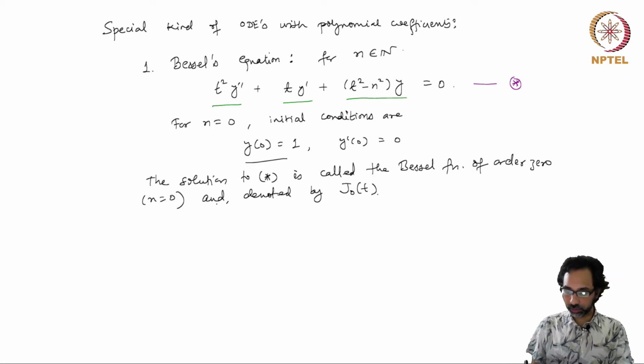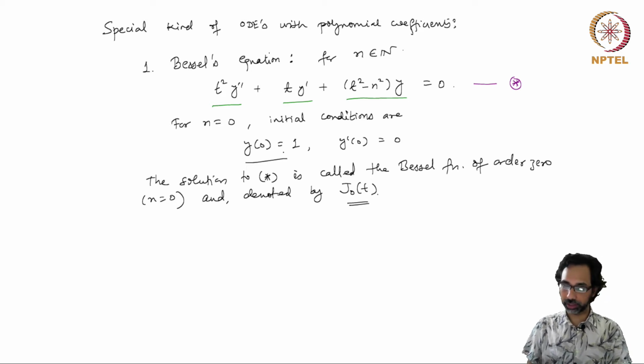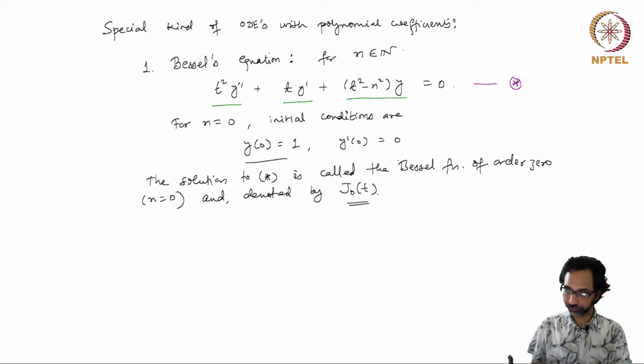So let's try to find what J0(t) is from our differential equation with the initial conditions y(0) = 1 and y'(0) = 0. Our differential equation is t² y'' + t y' + t² y = 0.